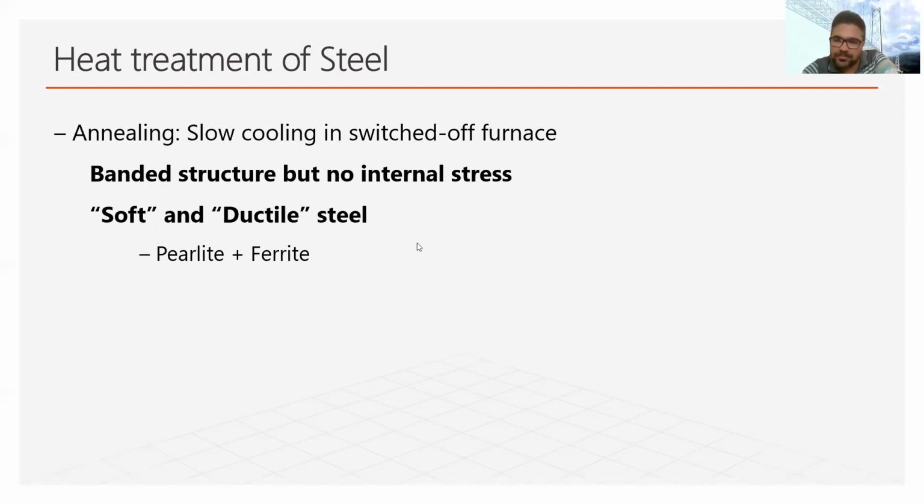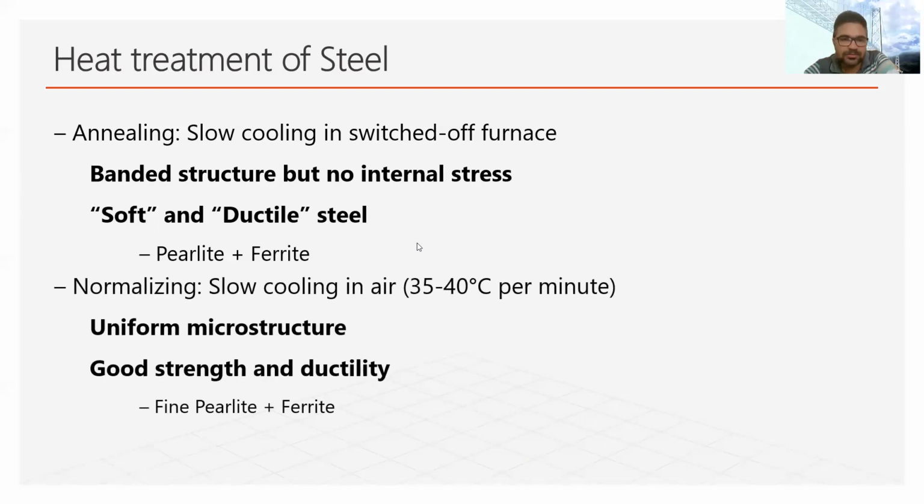This process refines the pearlite plus ferrite microstructure and increases the strength and ductility of steel. So there you can see pearlite plus ferrite structure is known as steel, and to enhance the property of steel, we perform this annealing process.